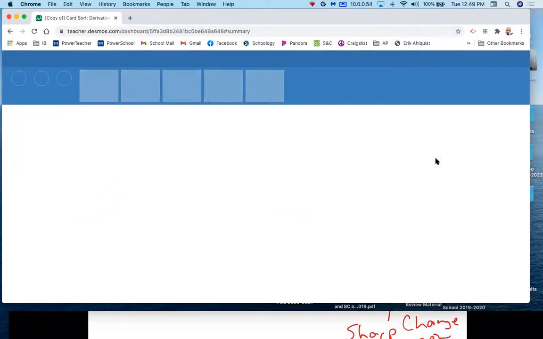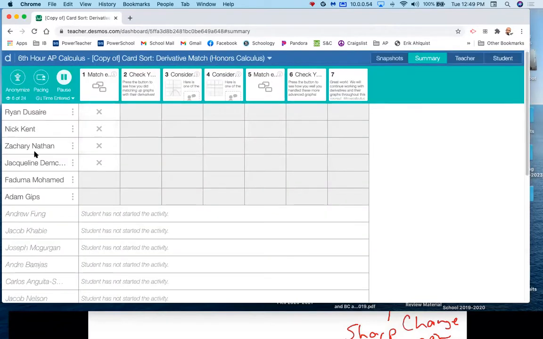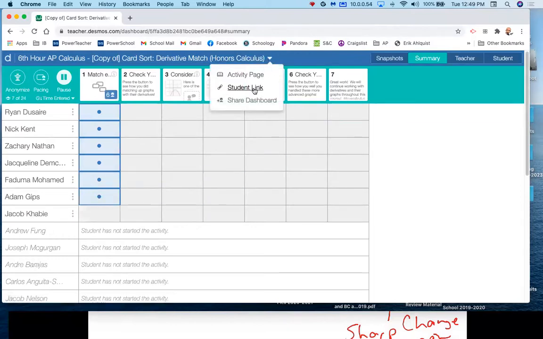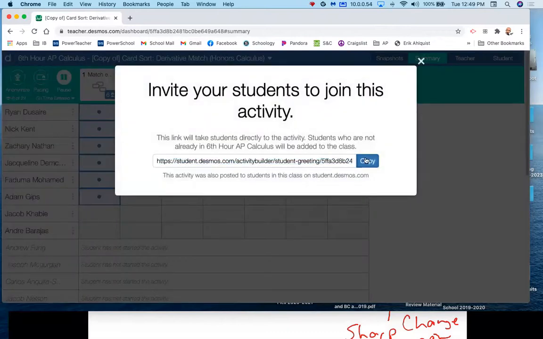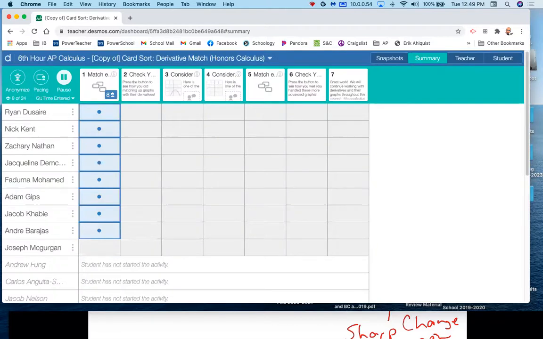Let me show you. It looks like some people are in there, and I paused it, so you can't get past that anyway. If you need the link, I will throw it in the chat, and then you won't have to navigate through Schoology. You can just navigate right on here.